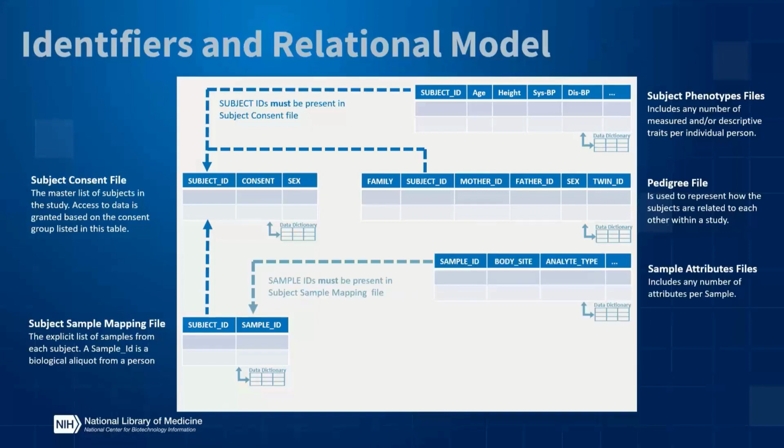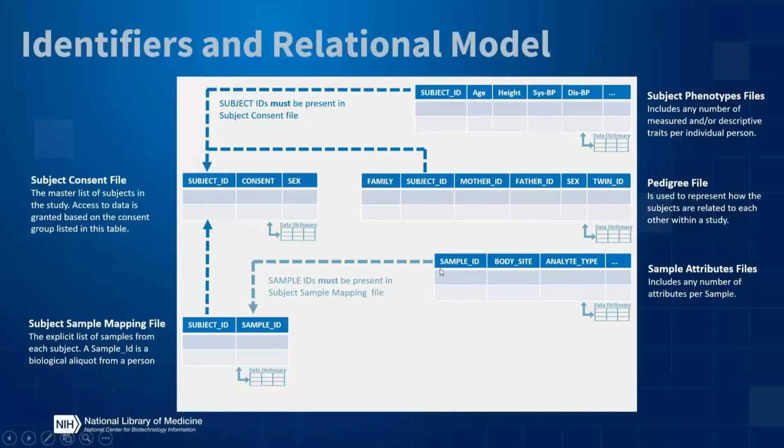We also have a file called the sample attributes file, and this allows you to include any number of attributes for a sample. As for the relationships of these files, the subject phenotype and pedigree files are related back to the subject consent file through the subject ID.